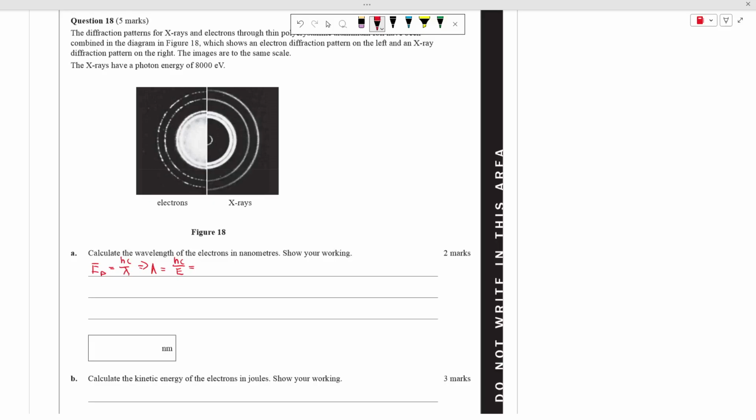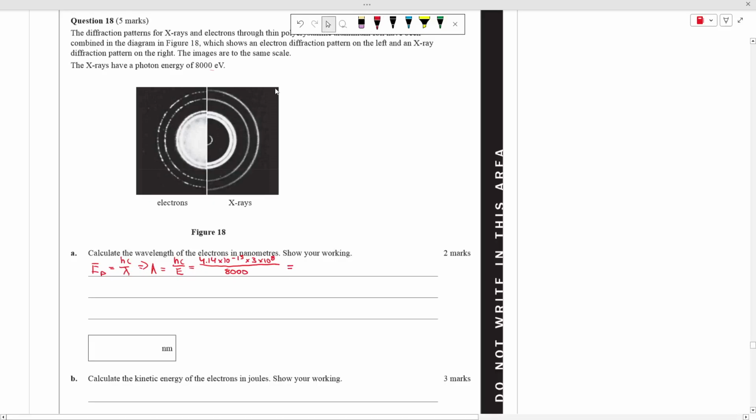Now, we don't have to use the Joule's version of h, because the energy is in electron volts, so that's fine. So we use 4.14 times 10 to the negative 15 times the speed of light divided by the energy of the photons, which is 8,000.